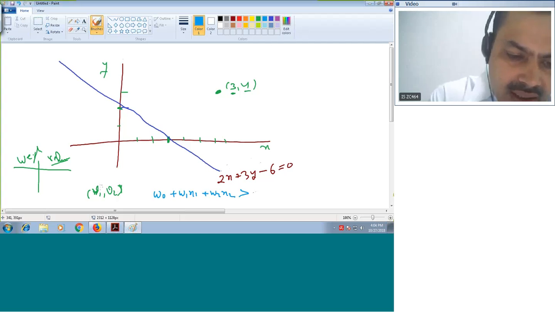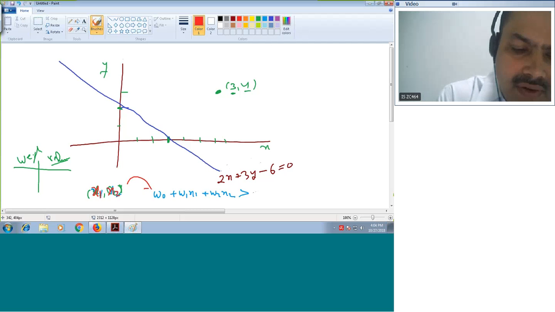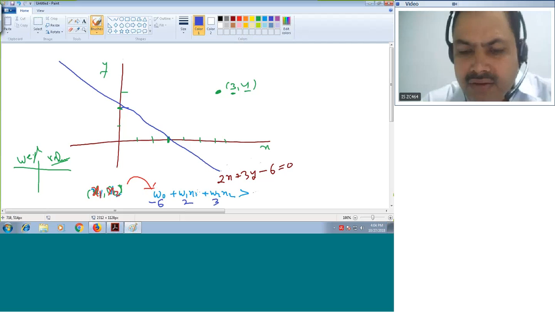Here these values are x1 and x2, and given the values I want to find this. Comparing all these, w0 is minus 6, w1 is 2, and w2 is 3. We want to find out whether it is greater than 0.